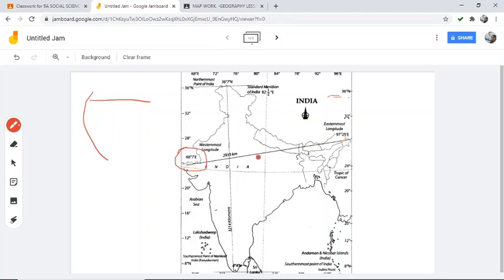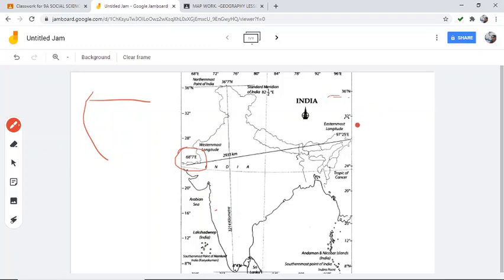This line shows the western part and eastern part of India. After this, all the other parts of India are here, and this is the westernmost point. That's why it's starting from here. The longitude which is passing through this region is 68 degrees 7 minute east longitude.